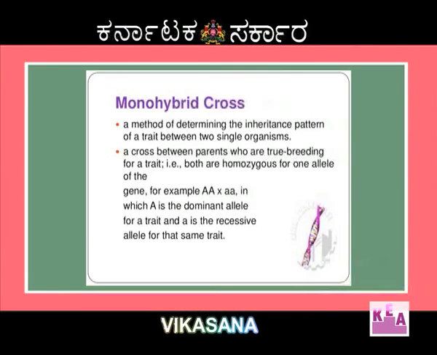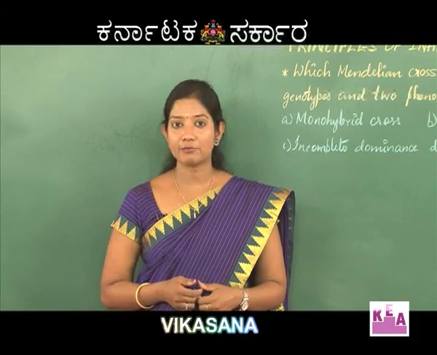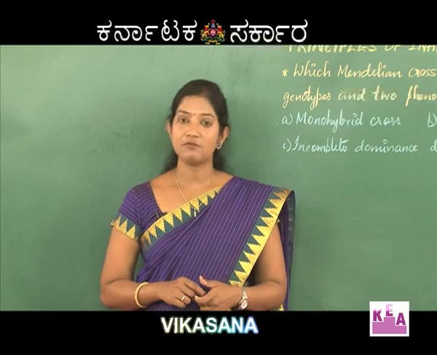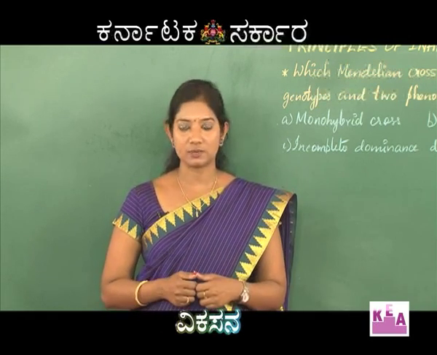Let me explain the monohybrid cross with an example of height. The two parents selected are tall and dwarf. The tall plant will have two dominant genes, whereas the dwarf plant will have two recessive genes.